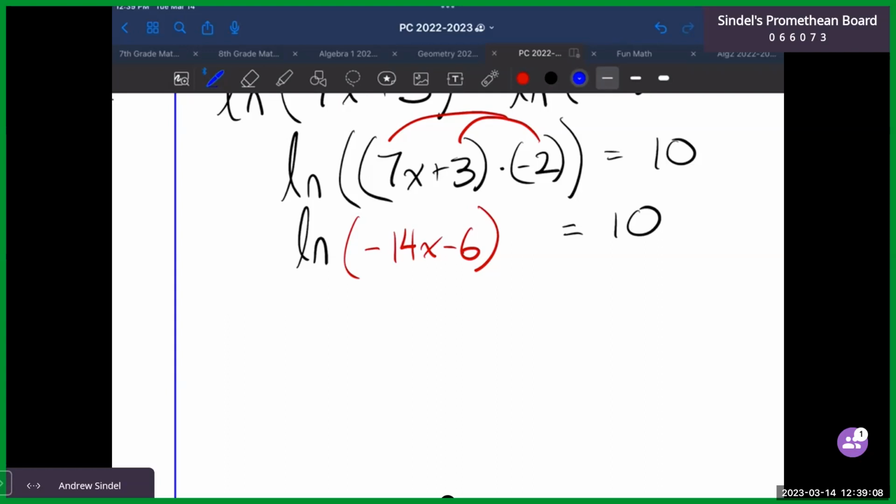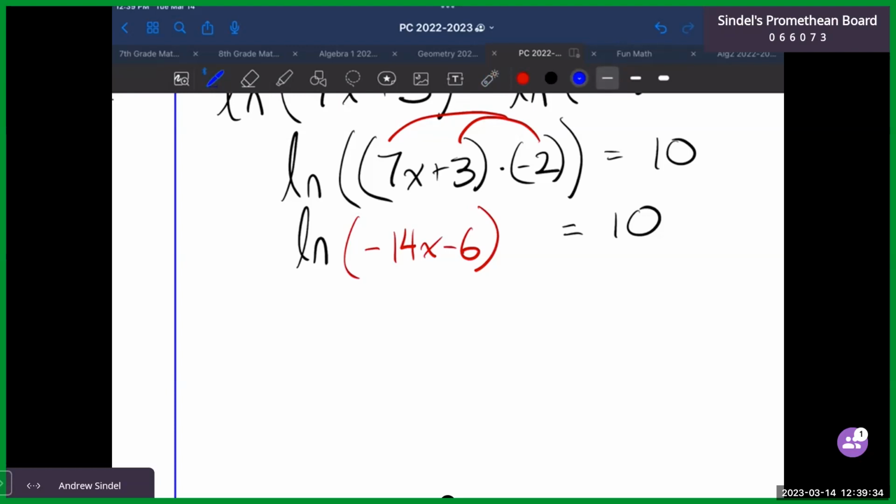But unfortunately, that 6 is trapped inside the parentheses. You need to get rid of the logarithm first. What's the undoing of a logarithm? Exponentiation? Yeah, exponentiation. You do base 10 on both sides? Good guess, but not base 10. E? Yeah, right.